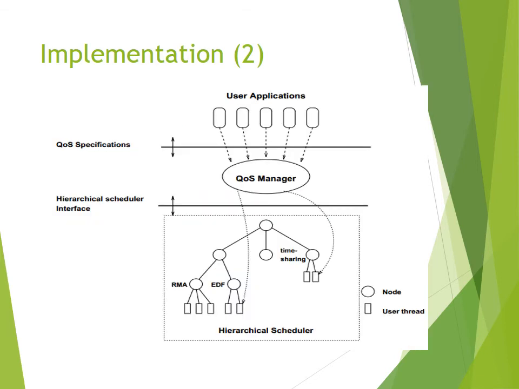This picture shows the quality of service manager. You can see that the applications specify their QoS requirements to the QoS manager, which determines the resources needed to meet the QoS requirements of the applications. It can also decide the scheduling class the application should belong to and create a class if it does not exist.